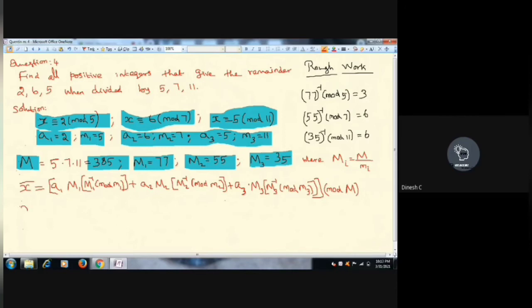So that x bar equal to 2 into 77 into 3 plus A2 value 6 into 55 into 6 plus A3 value 5 into 35 into 6, and overall you have to take mod 385.